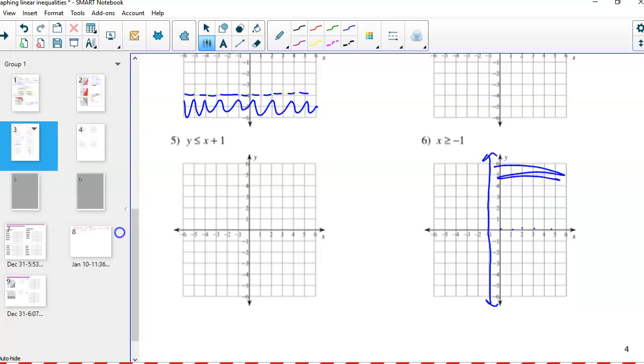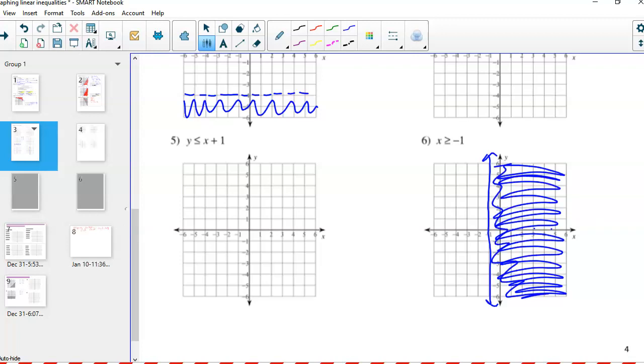So that means that entire right side will be shaded. Alright? We will continue going over these next class.